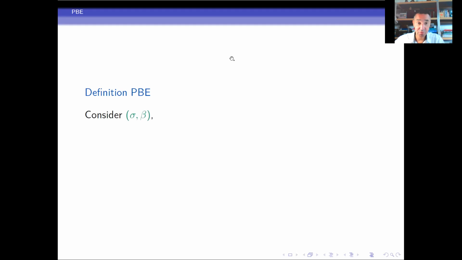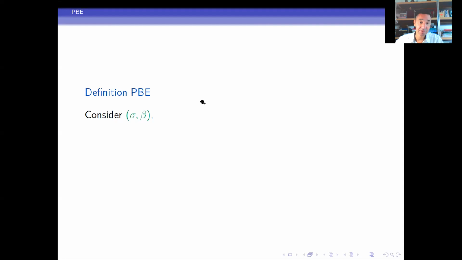One thing to realize very well is that a perfect Bayesian equilibrium consists of two ingredients, a sigma and a beta. The sigma indicates what we already know, namely the strategy profile in the game tree, so simply the profile of strategies for all the players. And players are now allowed to mix, meaning that they are allowed to choose strategies or actions with a certain probability.